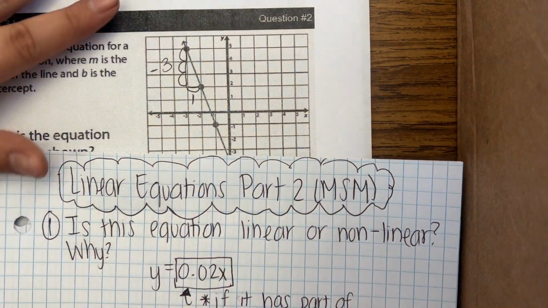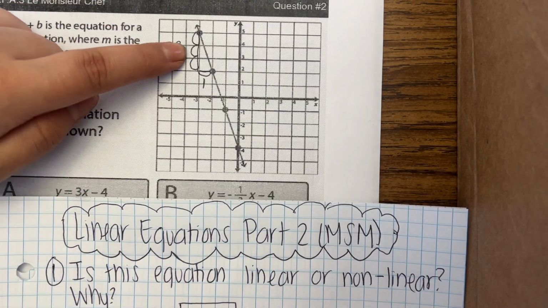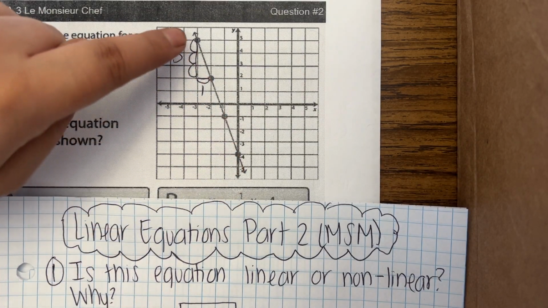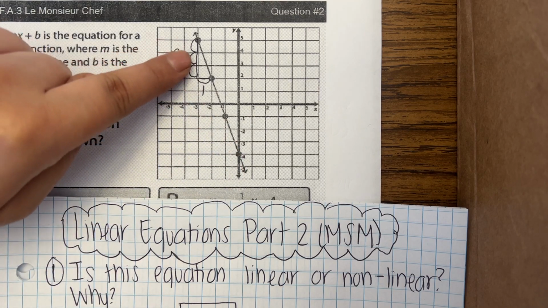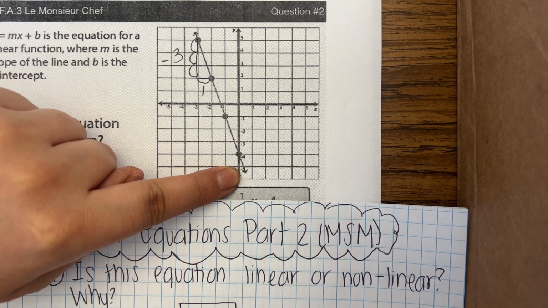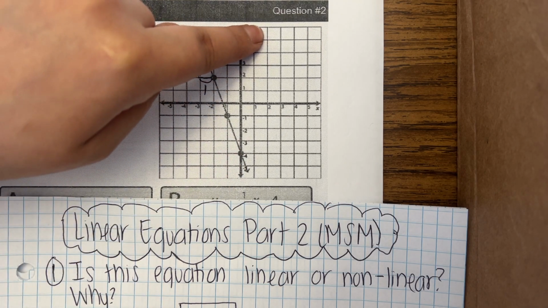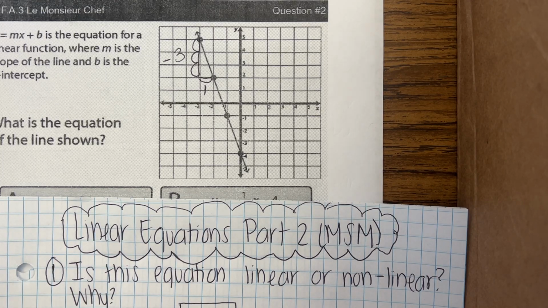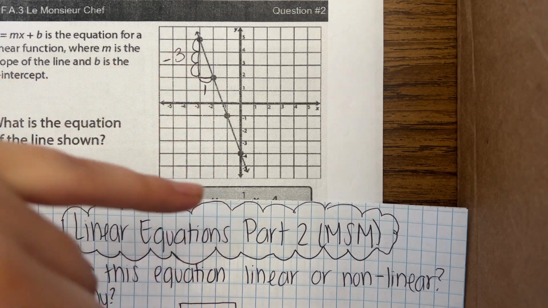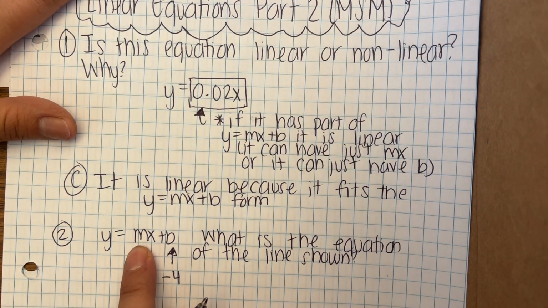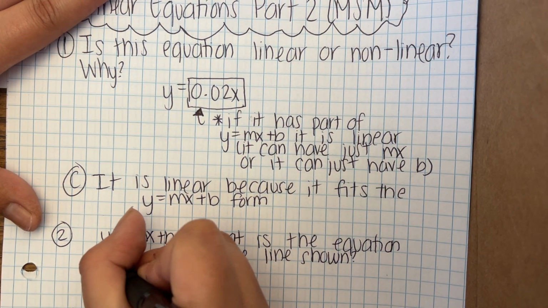And first things first, I want to look at my graph and see where my line is going towards. So if it's going down to the right, it's negative. If it's going up to the right, it's positive. So is it going down or is it going up? In this case, it's going down. So my slope is going to be negative.